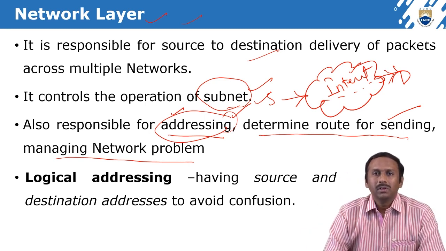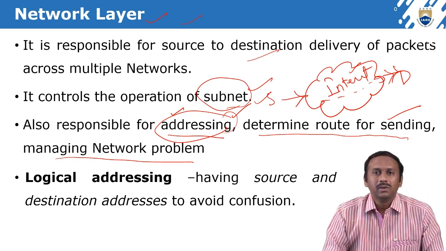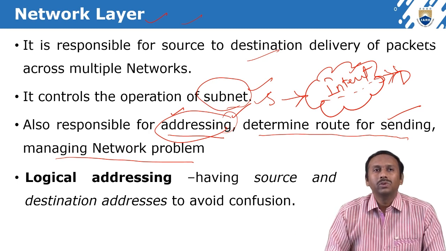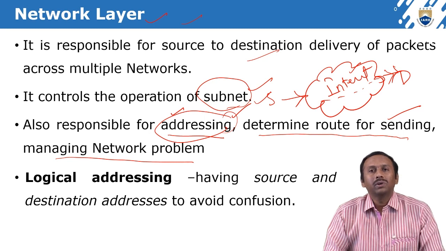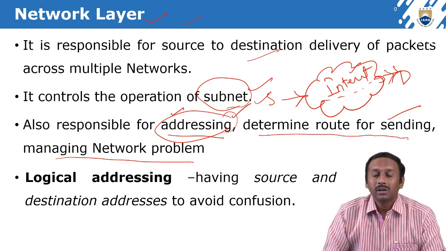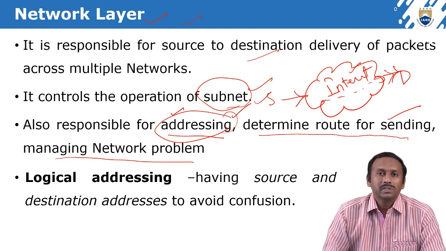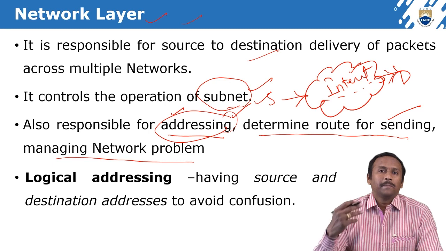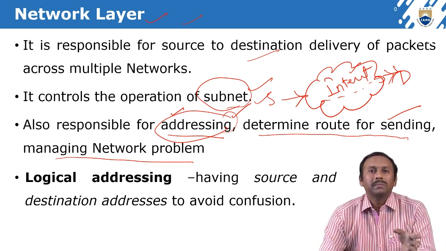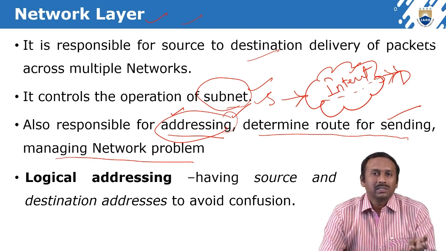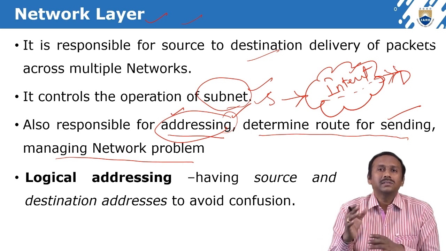For example, when you come from your home to your office or college, you have multiple routes available. You choose based on some criteria: which path has less traffic, which path has good roads.